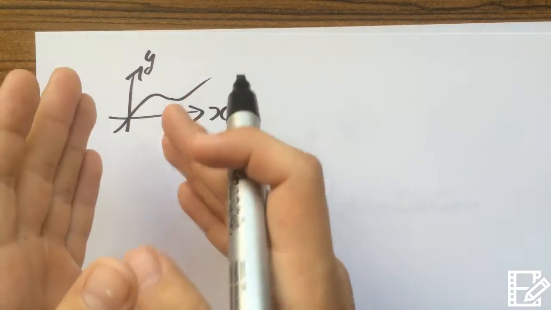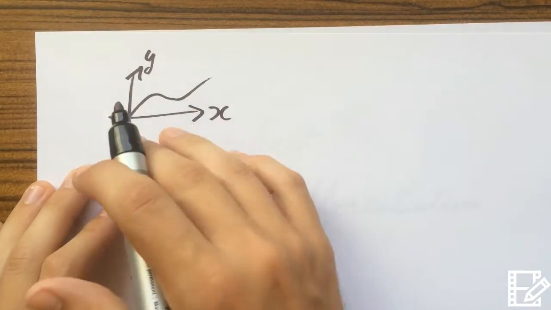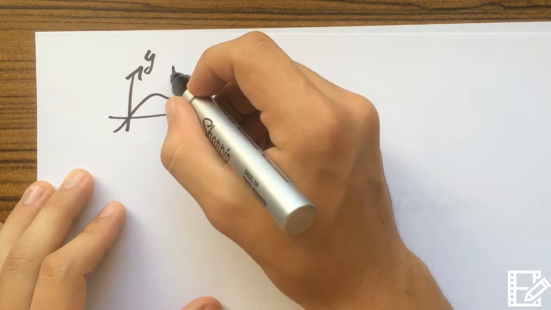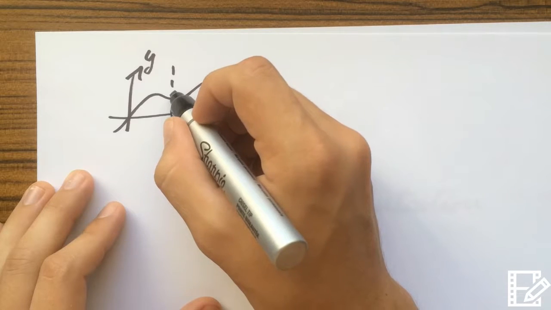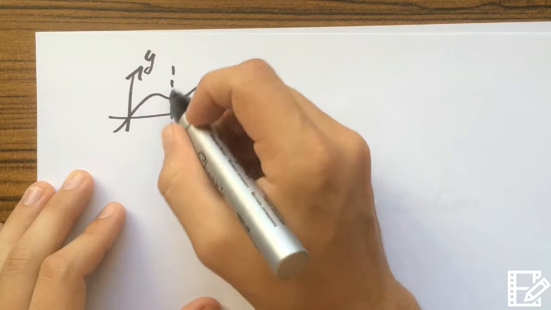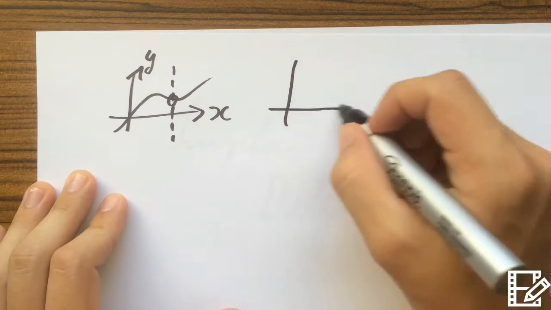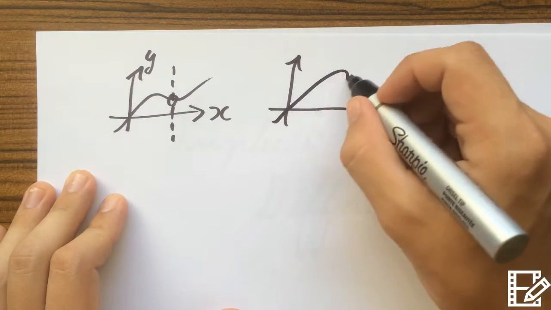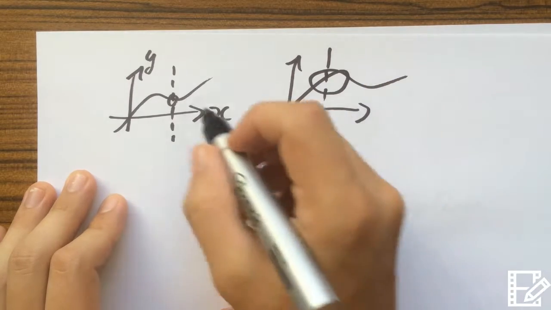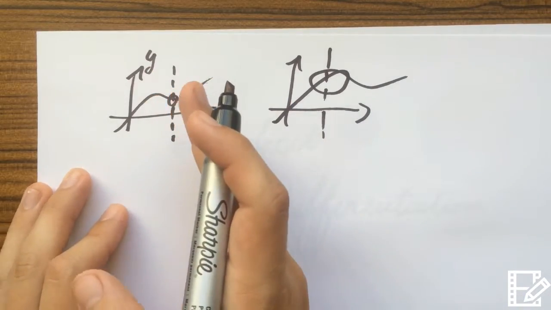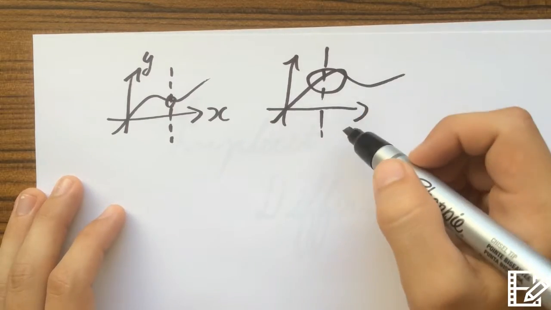I don't exactly know what the function would be, but if a graph can pass the vertical line test, which means it only hits a value along this line once, it's not like something where it might hit 3 times. If it only hits once, then it's a function. This is not a function.